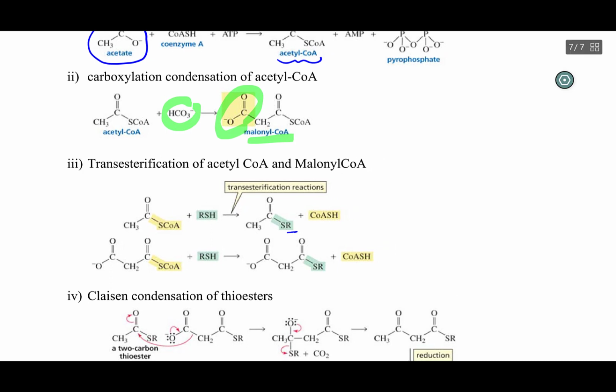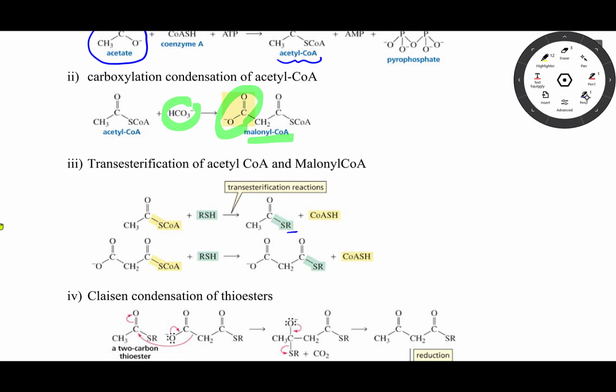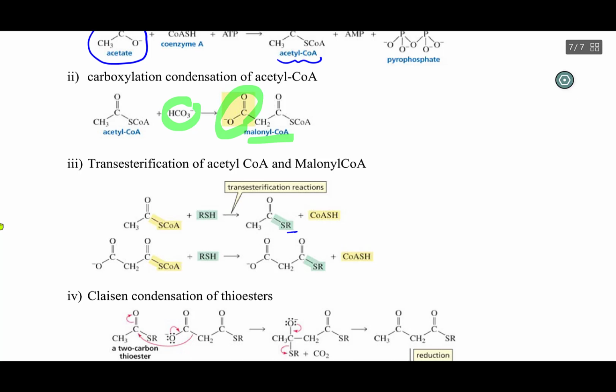If you remember from earlier chapters, when you have an ester and you substitute it with a different group, that's known as a transesterification. Remember, esters are carboxylic acid derivatives with an O and an alkyl group instead of a hydrogen.